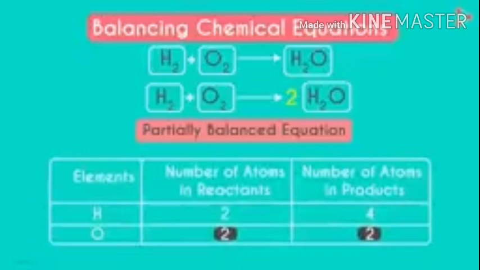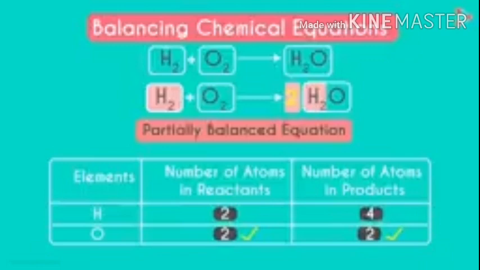But what about hydrogen? When we multiplied H2O with 2, the number of oxygen atoms were equal on each side. But what about hydrogen atoms? The number of hydrogen atoms on the left is 2. So how do you think we can balance it? We can multiply the hydrogen on the left side by 2 to get this.